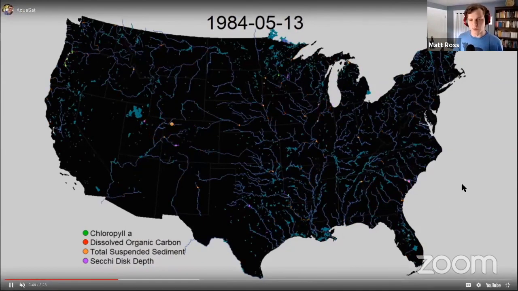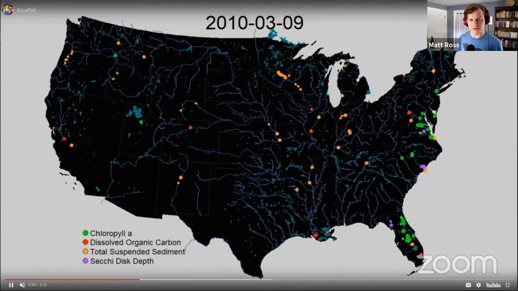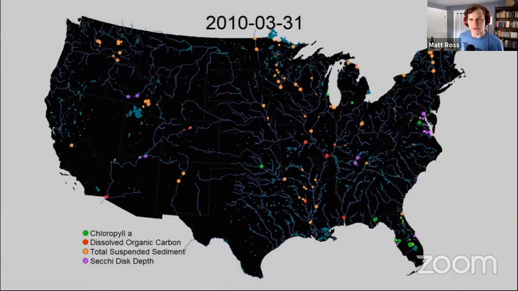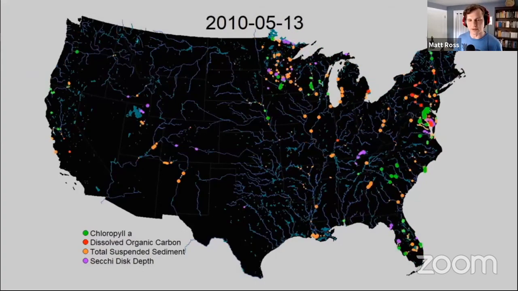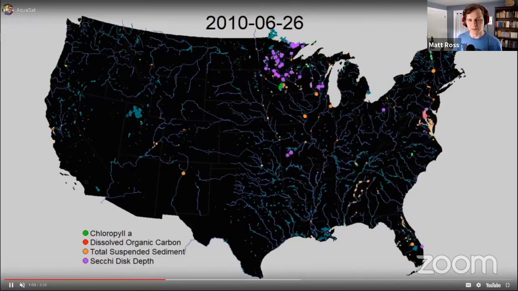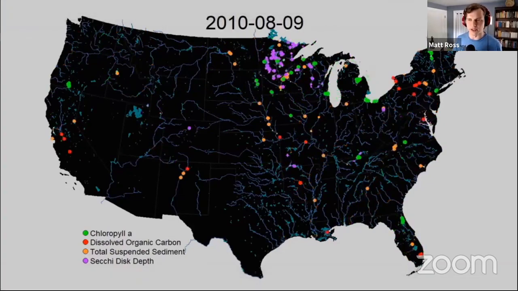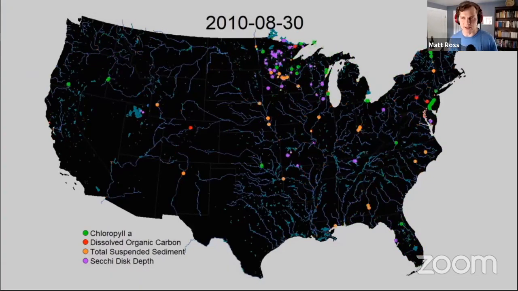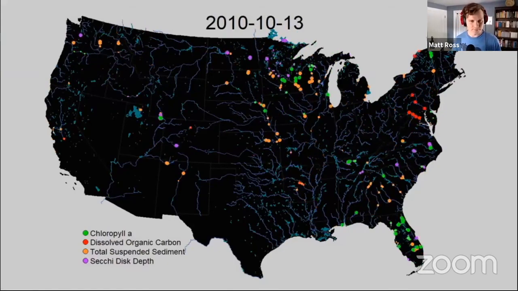You can see that in the 80s there were relatively few, and if we go into the 2010s, one of the peak years of data in the Water Quality Portal, you start to see how much we've been sampling the rivers and lakes of the United States over time. And just to be clear, these are only samples on remotely observable rivers and lakes: rivers that are wider than 60 meters and lakes that are wider than 60 meters on each side.